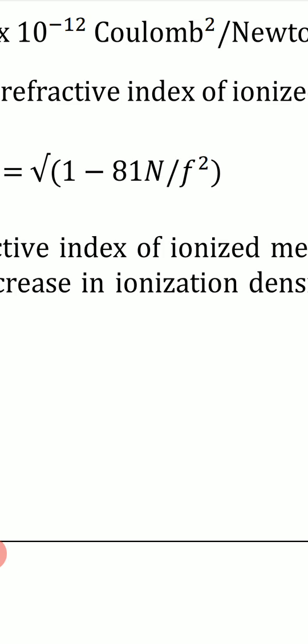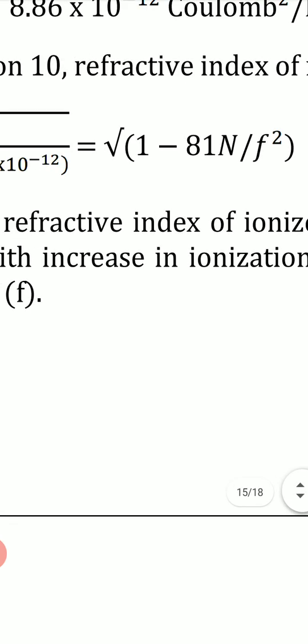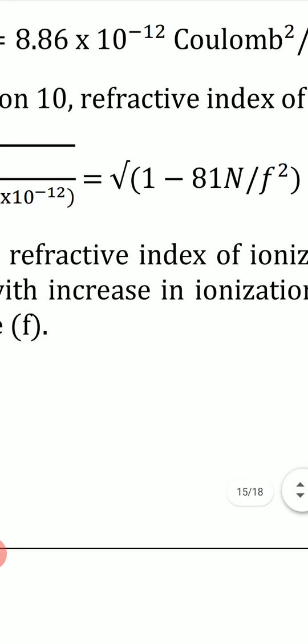And small n will increase if small f, frequency of radio wave or frequency of electromagnetic wave increases. So refractive index small n will depend on capital N, number of electrons per unit volume, and small f, frequency of radio wave, and it is less than 1.